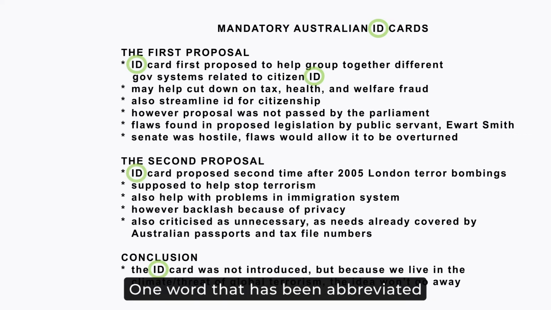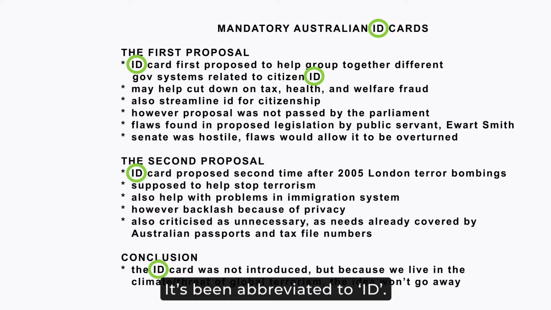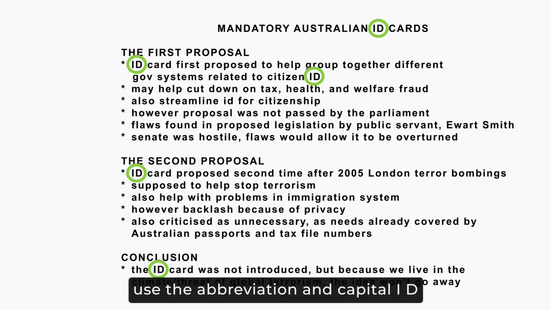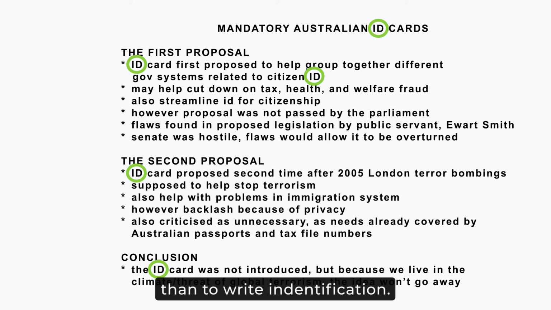One word that has been abbreviated in the summary is identification. It's been abbreviated to ID. The writer of the article used the abbreviation, and capital ID is an accepted abbreviation, so it's okay to use it in the summary. And of course, it's much quicker to write ID than to write identification.